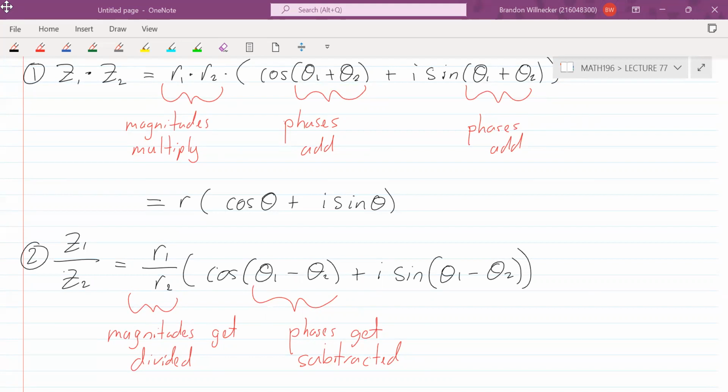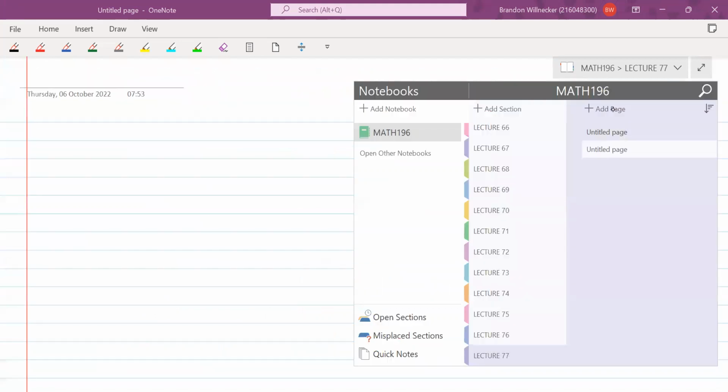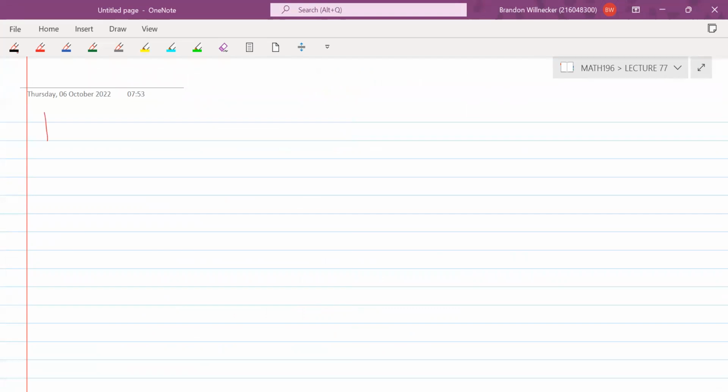But for now, we can just write it down and use it as a tool.